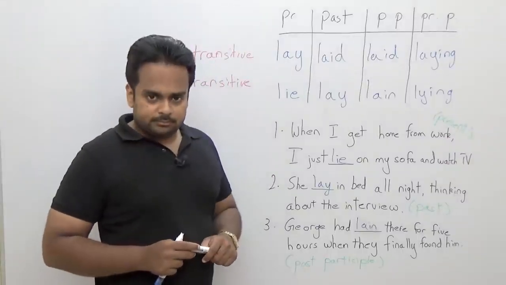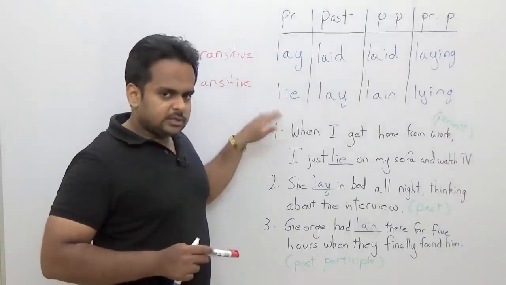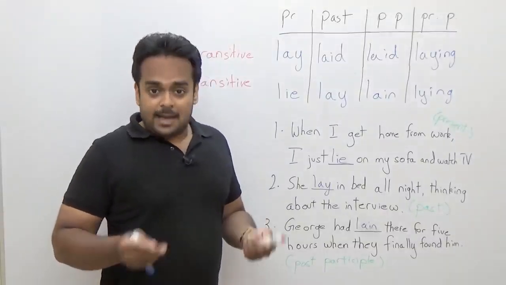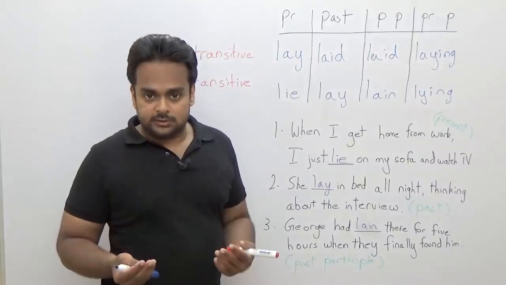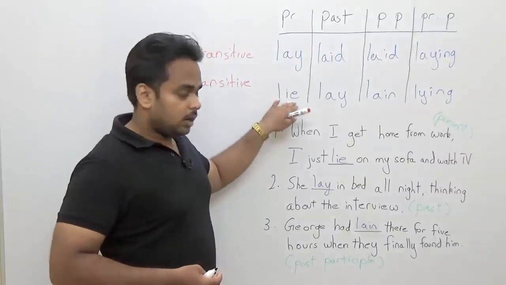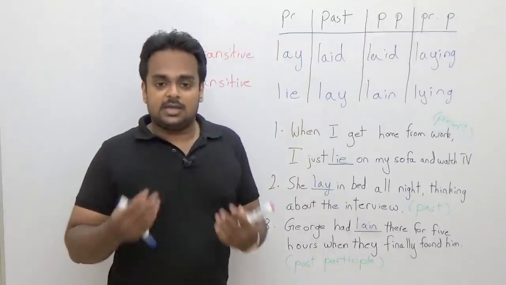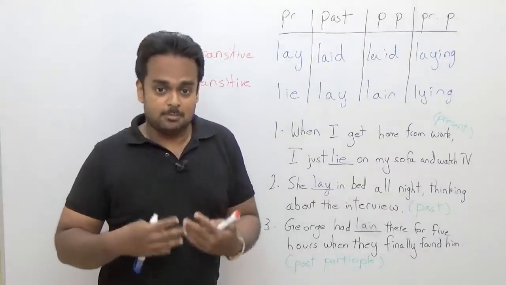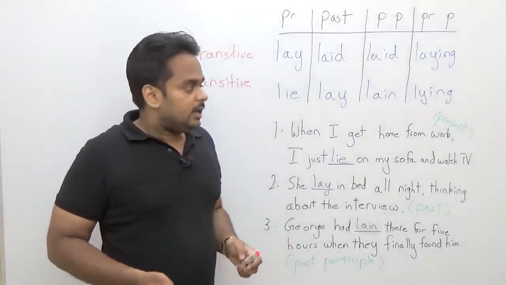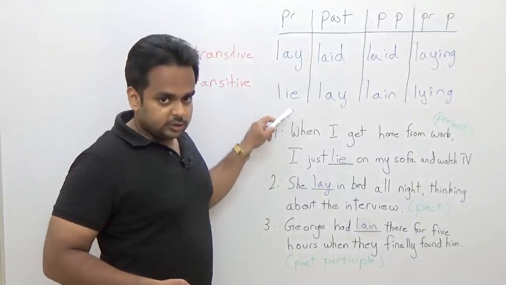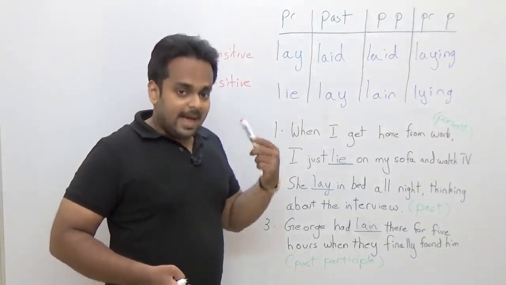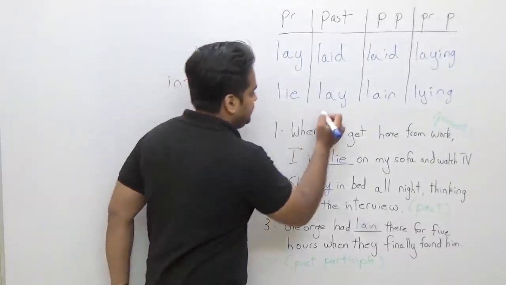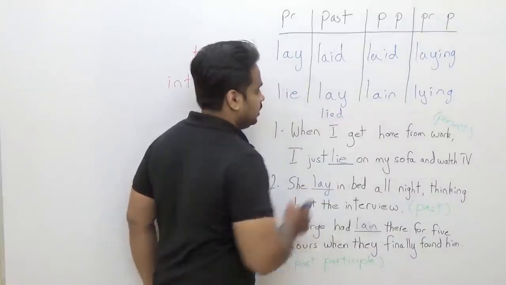Now you might be wondering, the word lie has one other meaning. Do you know that other meaning? Well, that meaning is to say something false. That is also a meaning of the word lie. So if I tell you that I'm 7 feet tall, that's a lie. I'm lying to you because I'm not 7 feet tall. Okay? Now, if this word is used in that other meaning, meaning to say something false, then the past tense would be lied.